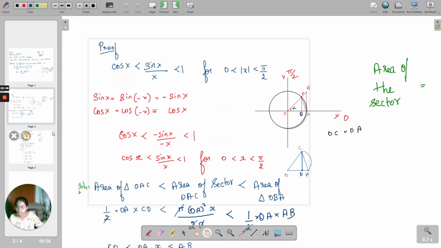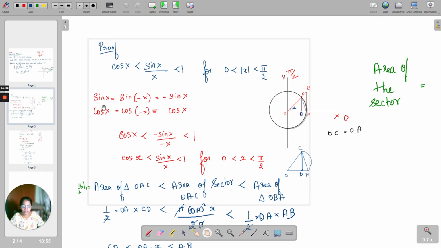So how did we prove it? Since this is a geometrical proof, we took an inequality involving trigonometric functions, that is cos x less than sin x divided by x less than 1. So basically we had to prove this. I took x and y axis. The trigonometric function that we took was for 0 less than mod x less than pi by 2.